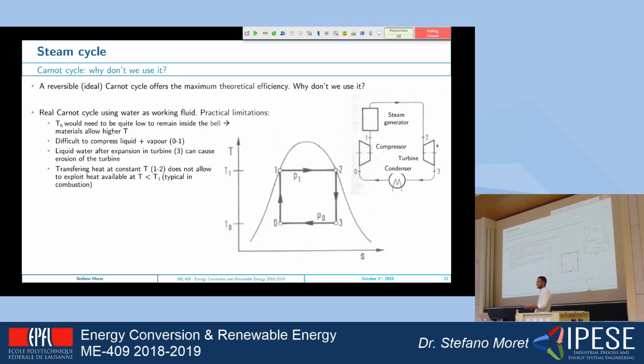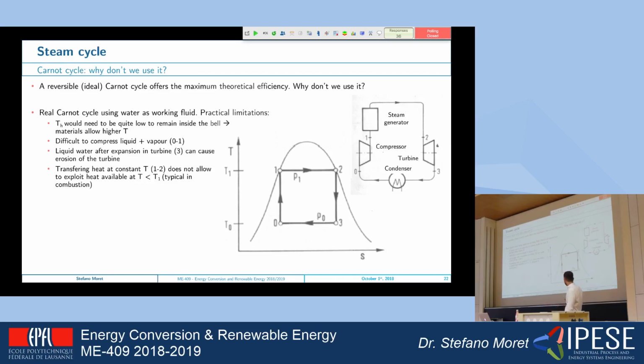And a gas is compressed with a compressor, but compressing the two together is impossible, I would say. And then, also, having water at the exit of the turbine, so point 3, is also problematic. So, as you see in real cycles, we try to go out of the bell if we can, because having the coexistence of liquid and vapor is a problem in practical applications.